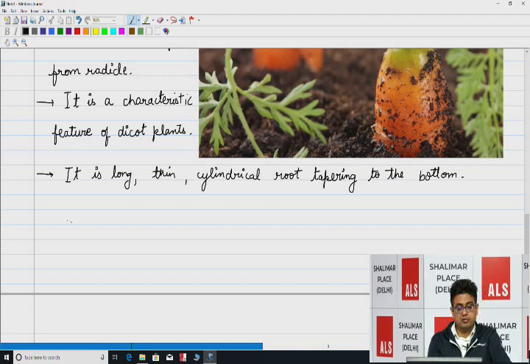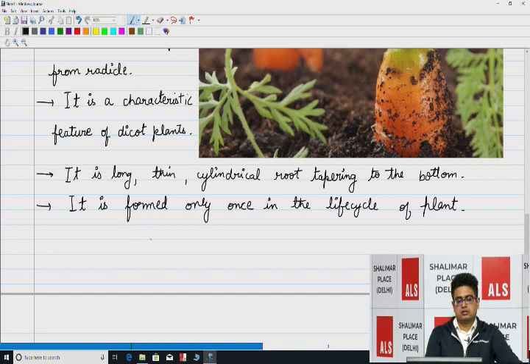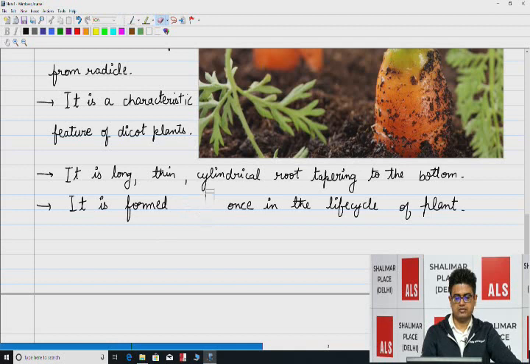It is formed only once in the life cycle of the plant.